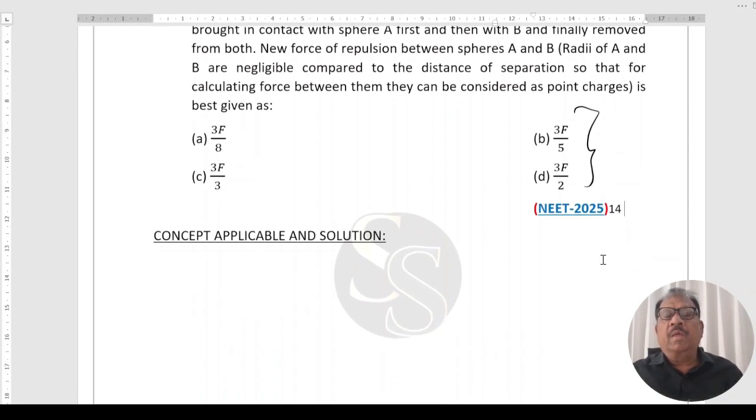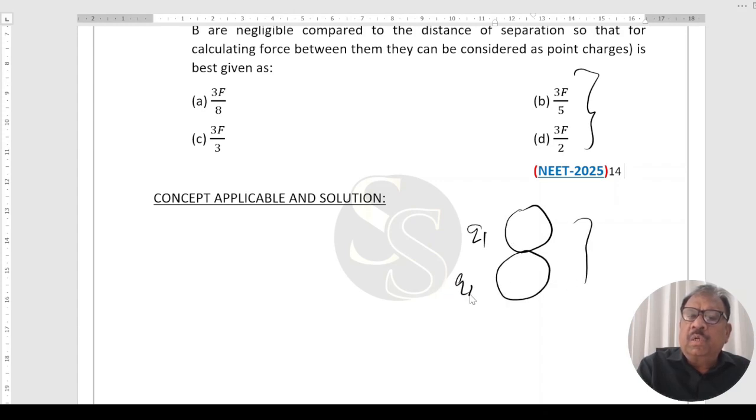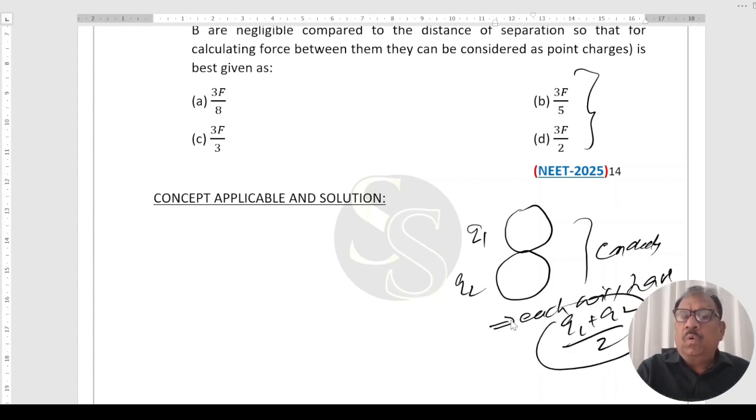Concept applicable is: one conductor is there with charge Q1, an identical conductor is brought and touched, both are conducting, with charge Q2. Now redistribution of charge will take place and each will have (Q1 plus Q2) by 2, since charge is conserved and the net charge will be Q1 plus Q2.